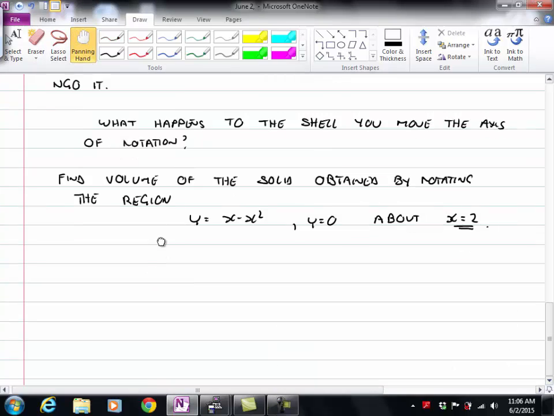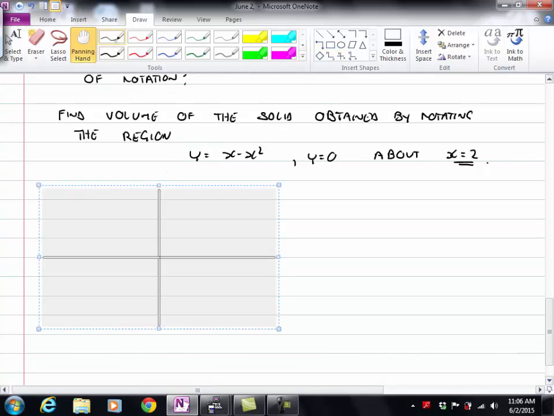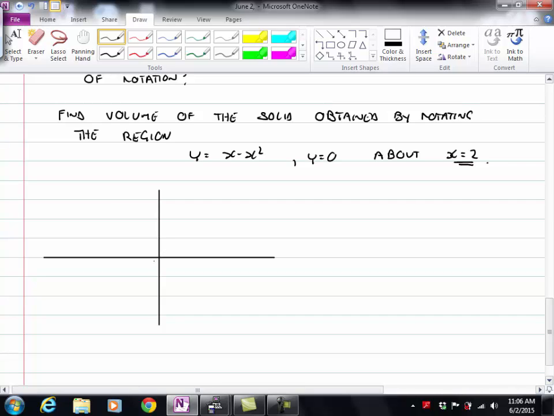If I were to graph this out on a TI-83, I hope you have something that looks like this. It goes up and then it's down. My first curve right here is y equals x minus x squared. I'm also given another restriction, y equals 0, so it ends off right here.